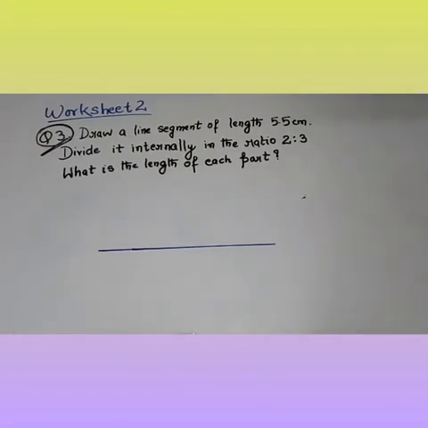But I'm repeating once again, when you are constructing it, or when you are dividing the line segment into 2:3 ratio, please draw a line segment of exact 5.5 centimeter with the help of a scale. So let's suppose this is 5.5 centimeter. I'm going to name it A and B.